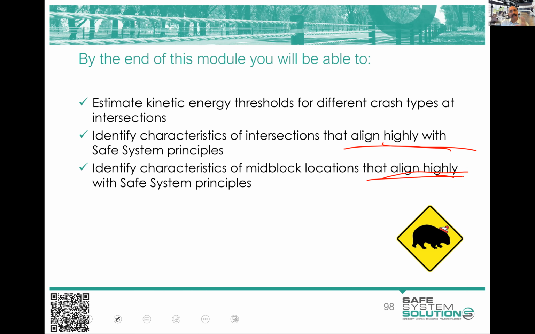The reality is that it either aligns highly with safe system principles or it doesn't. That's why in a safe system assessment we go about scoring things out of 448. We'll get to that later. But we can say things are pretty well aligned with safe system principles or not so much. Anyway, just thought I'd mention that, and that's why I use those terms.